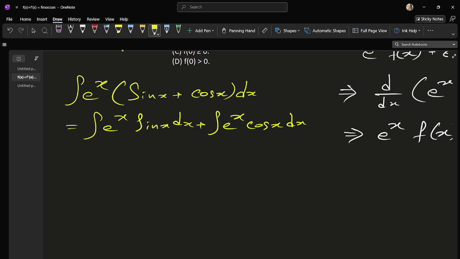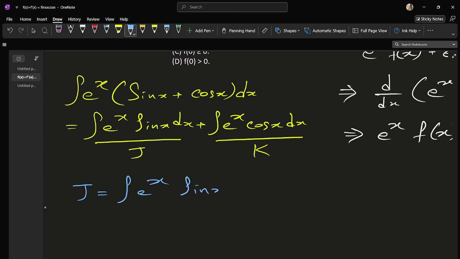Okay, so let us call the first one J and the second one K. Now we are going to solve J, which is the integral of e to the power x sin x dx. Let us take u equals sin x, and then du will be what?